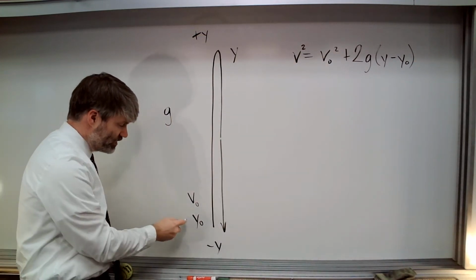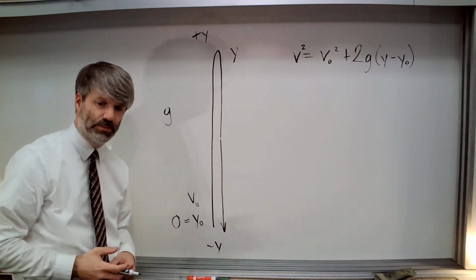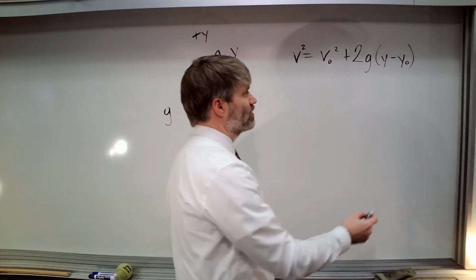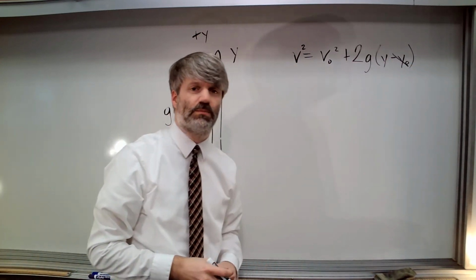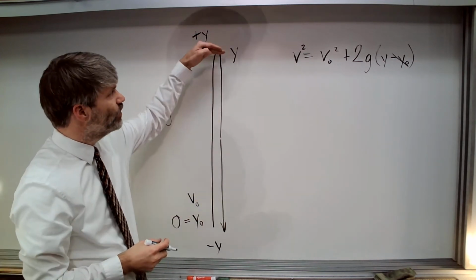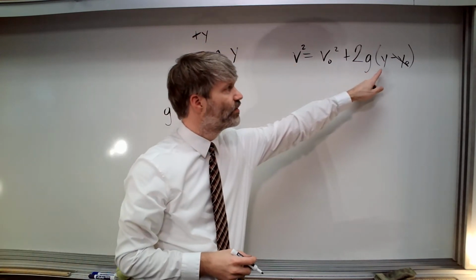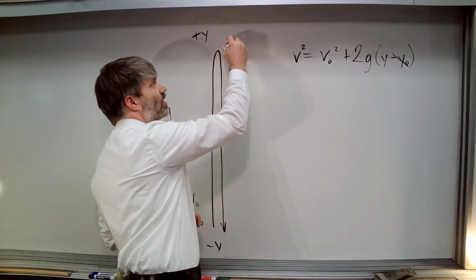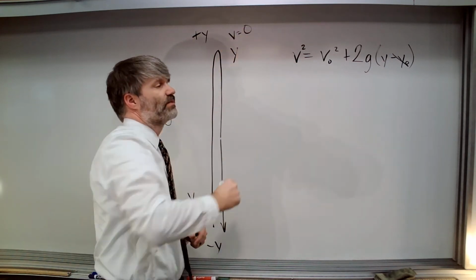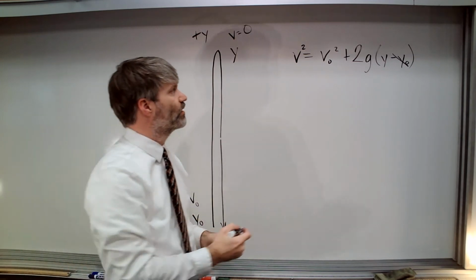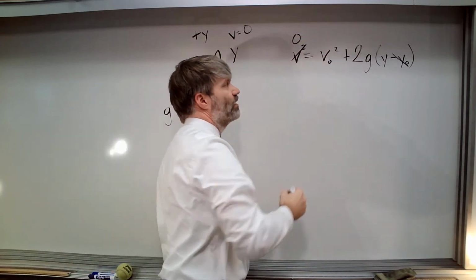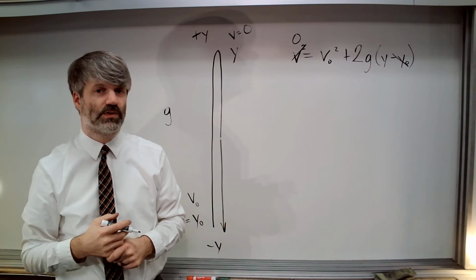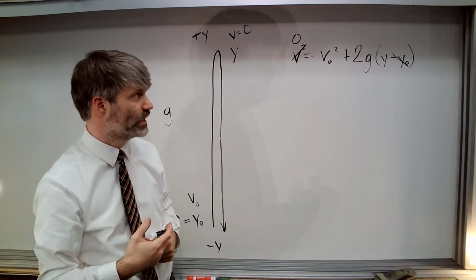Now y0 is very conveniently equal to 0, so we can just make it 2g times y. And if we're going to the very top, y in this case, that means that the velocity up there is 0. That makes the whole left side of our equation equal to 0.